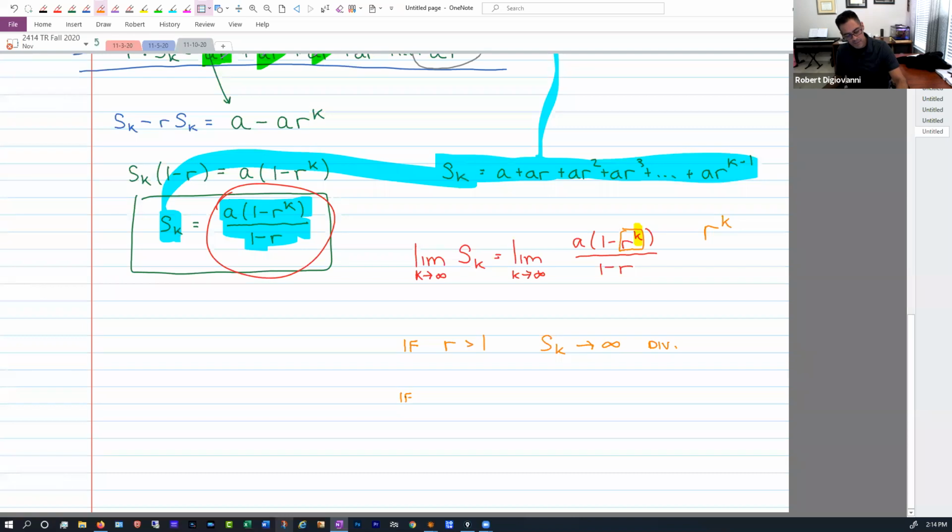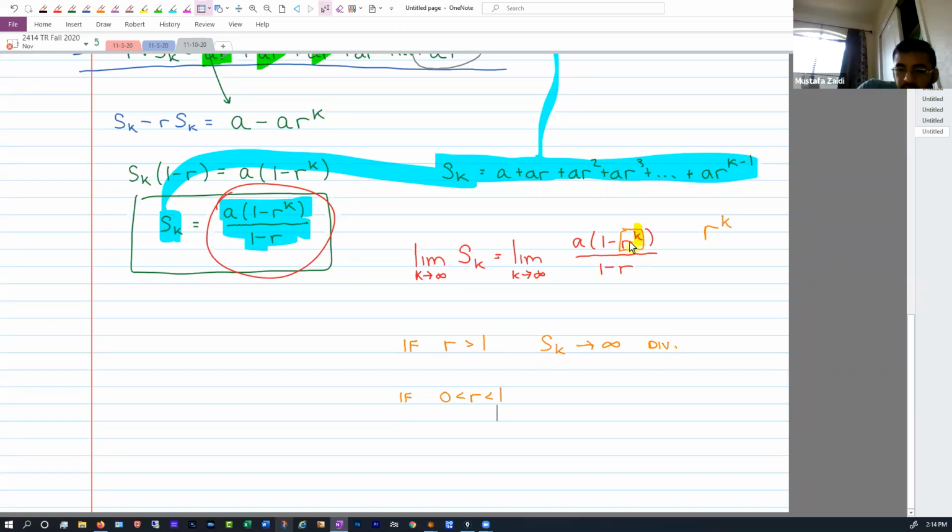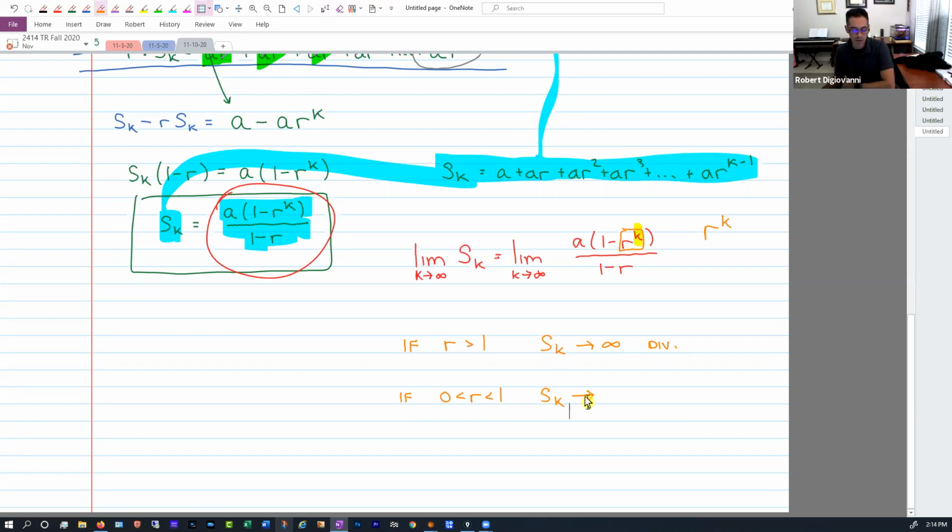Now, if 0 is less than r is less than 1, now I know that when I let k go to infinity, this thing goes to 0, doesn't it? Yes, and it's convergent. So this is basically a sequence. That's right. It is a sequence. What does S sub k go to?